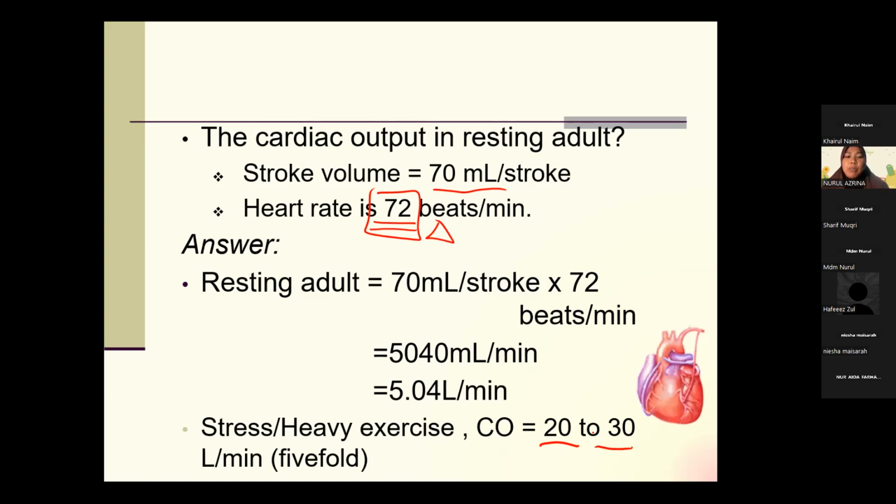Ataupun macam if someone doing heavy exercise, if you are an athlete, you are regularly practicing, that is okay because your heart is already, what we call it, trained to be in that situation.